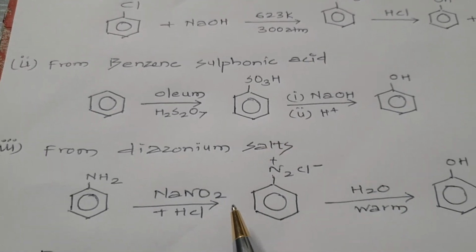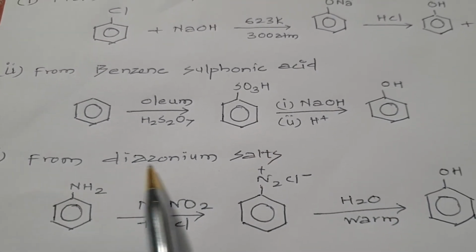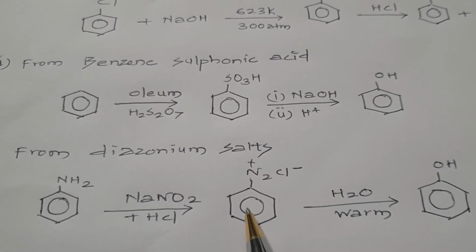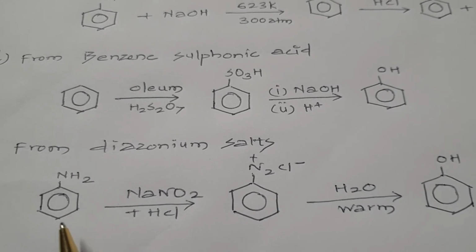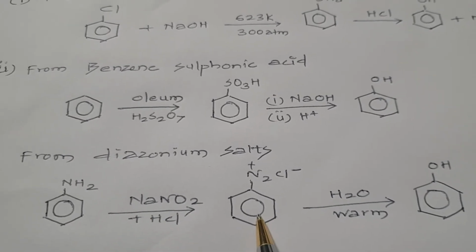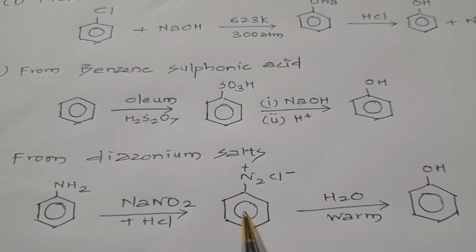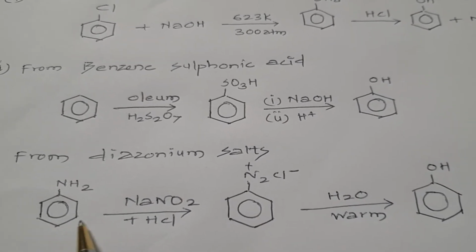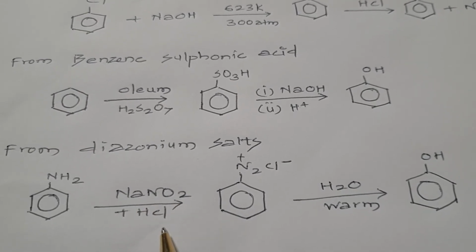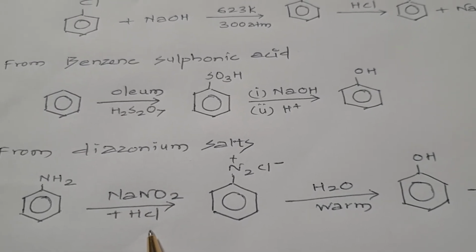Let us learn the third method, and that is from diazonium salts. How to obtain diazonium salt? From aniline. This is aniline which undergoes diazotization. How to carry out diazotization? React aniline with sodium nitrite in presence of hydrochloric acid.